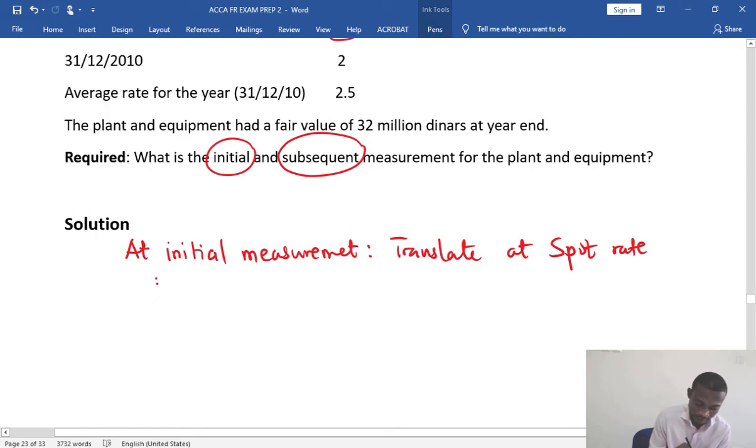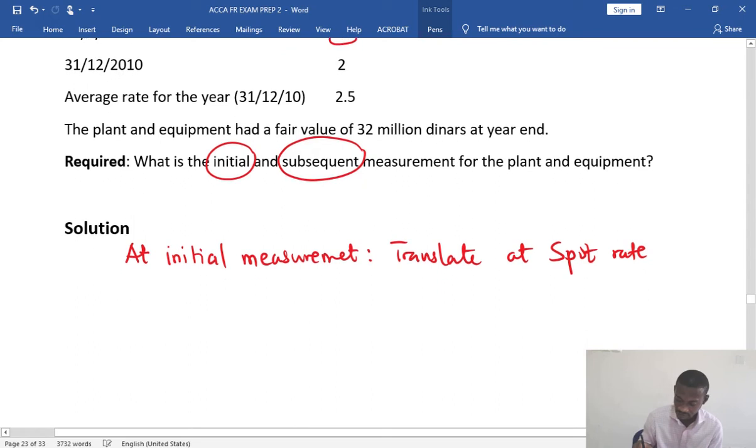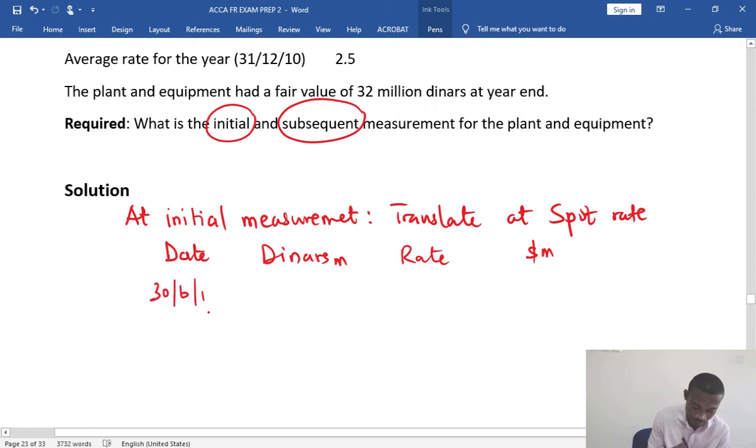Again, the date, very simple. So what I will do is to bring the date, the dinars in million, then I'll bring the rate, and I'll bring the dollar also in million. The date is 30th June 2010.